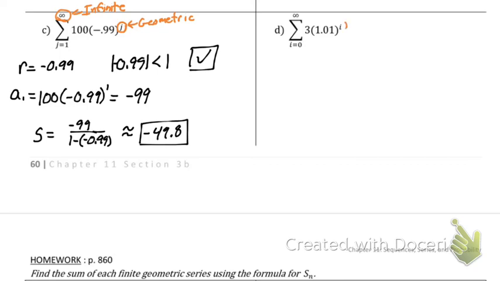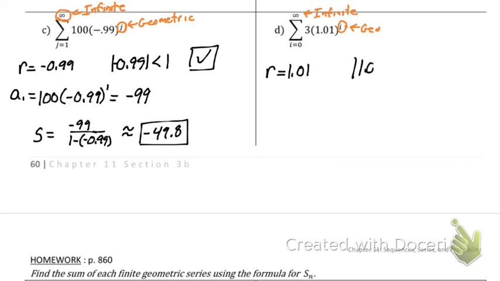I would have said, well, this is geometric. This is infinite, so I have to do the check that Will just said. And the check is, look at your r value, which right now is 1.01. It looks bigger than 1, right?